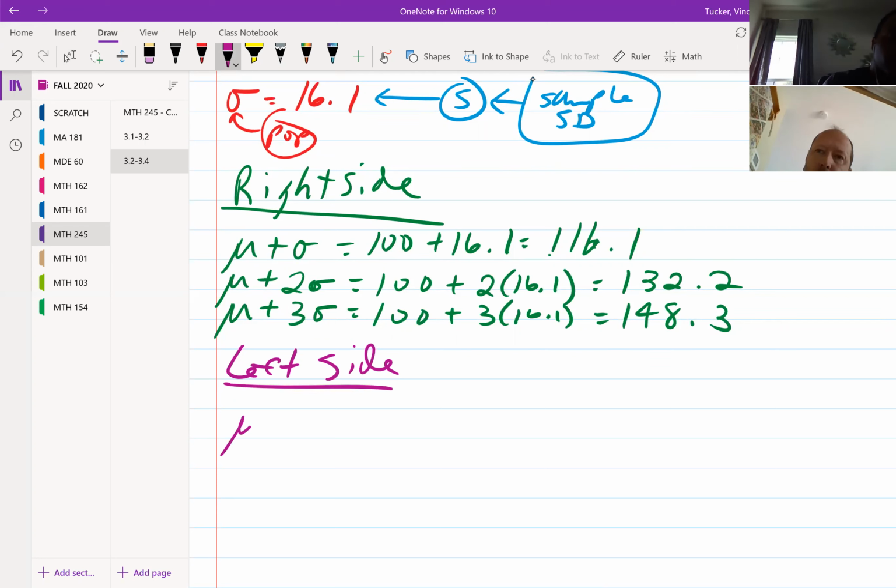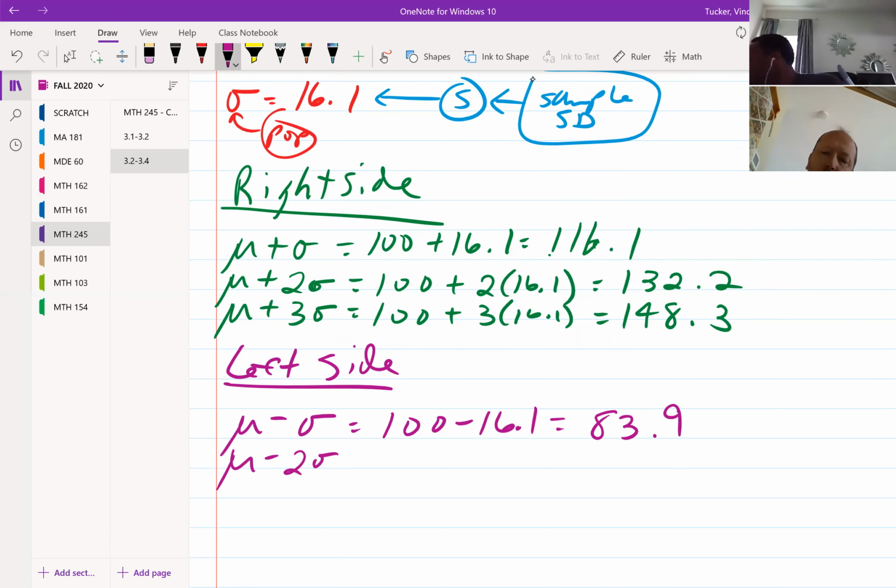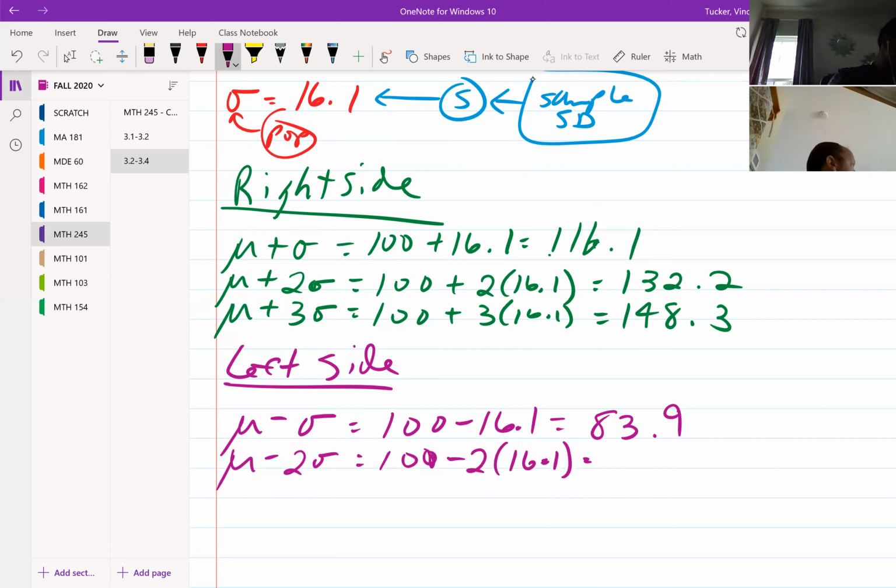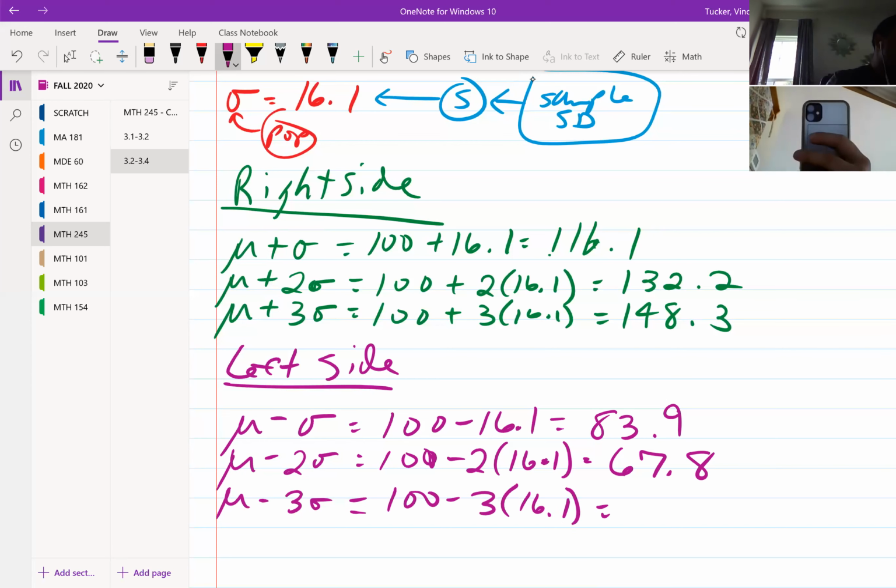Left side, we're going to subtract. It's going to be 83.9, 67.8, 51.7.